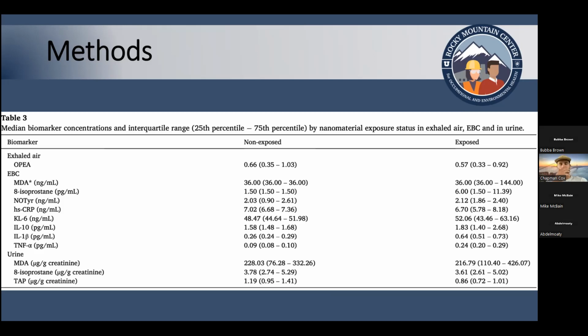With the EBC, exhaled breath condensate, they found that the most important because it is the most indicative of early stage pulmonary fibrosis. And then urine was predominantly used as a correction factor for their graphs, or a normalization.